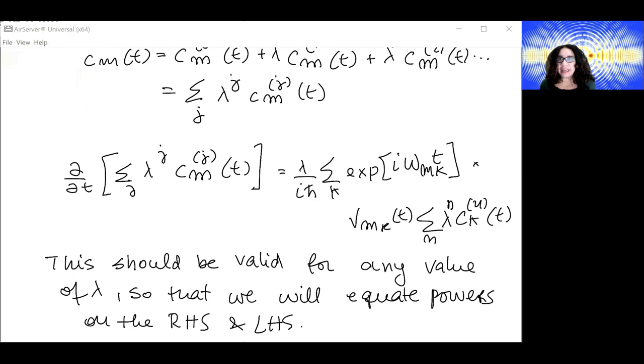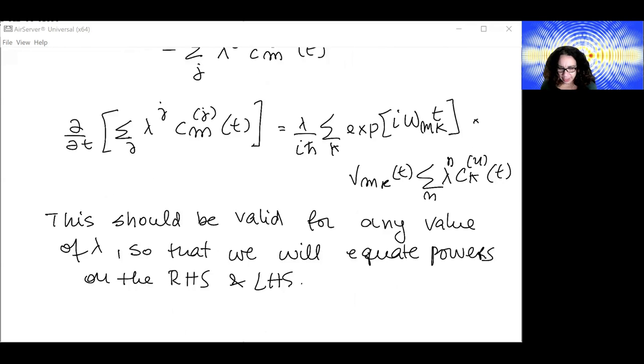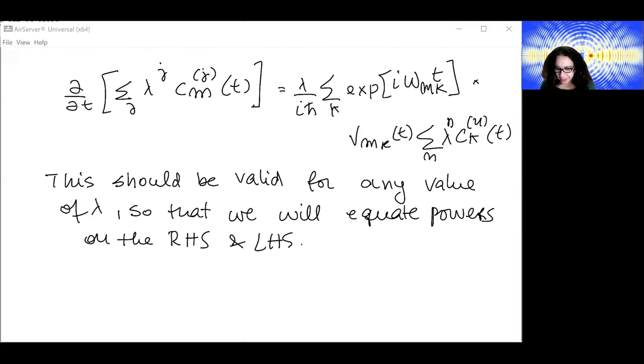Now, this is clear because if you would like this to be valid for any value of lambda, this equality that we have here has to hold term by term. Do you agree?